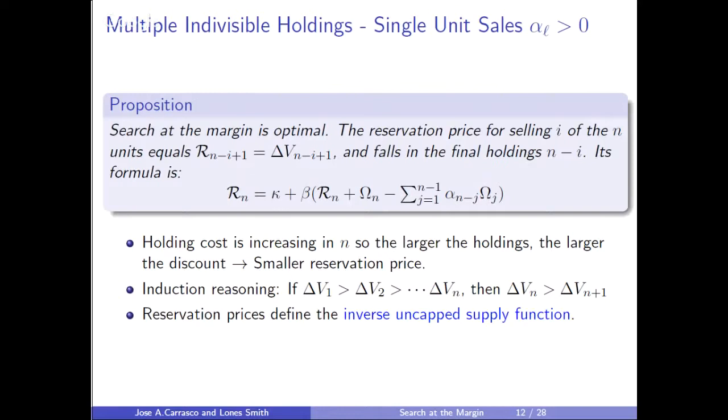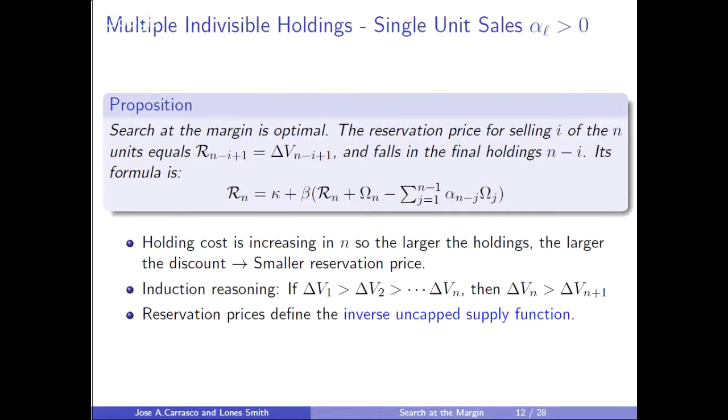You see that it has the same structure as in the two-unit case that we just saw. My reservation price is my dividend for that unit, the fact that tomorrow I'm going to get that reservation price for sure, and, as Lorenzo said, an optionality for that unit. But I offer a discount.